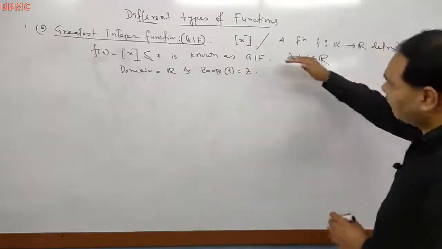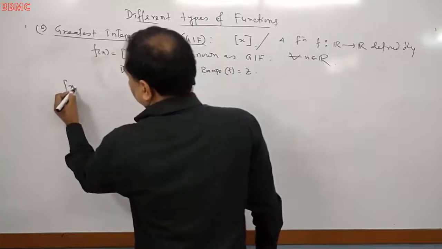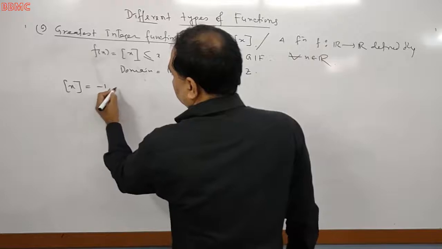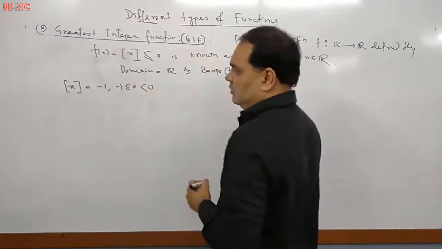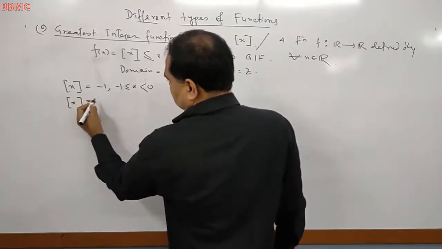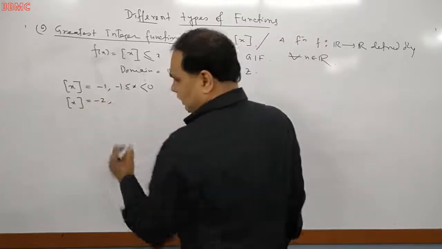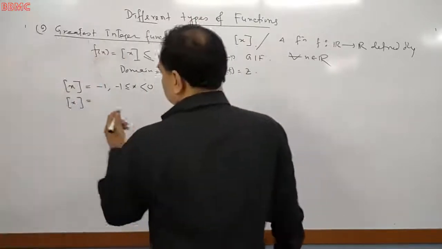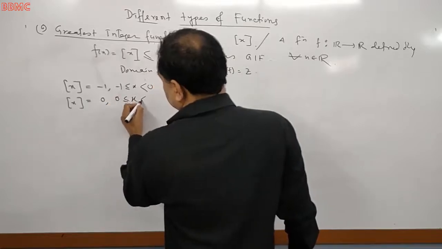So from this definition I can find that [x] is equal to -1 when x is between -1 and 0, that is, x less than 0. Then [x] is equal to -2 for the interval below. Suppose zero less or equal than x less than 1.